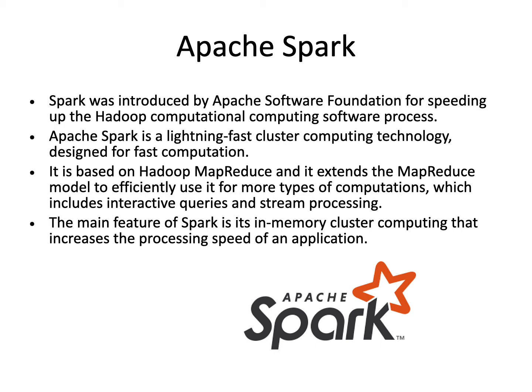It even provides some machine learning capabilities and graph processing capabilities. The main feature of Spark is its in-memory cluster computing. It increases the processing speed of applications as the computations are performed on the data in memory, which saves the time for accessing the disk.